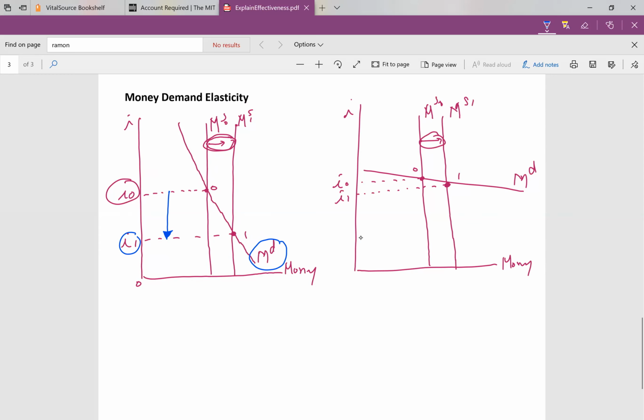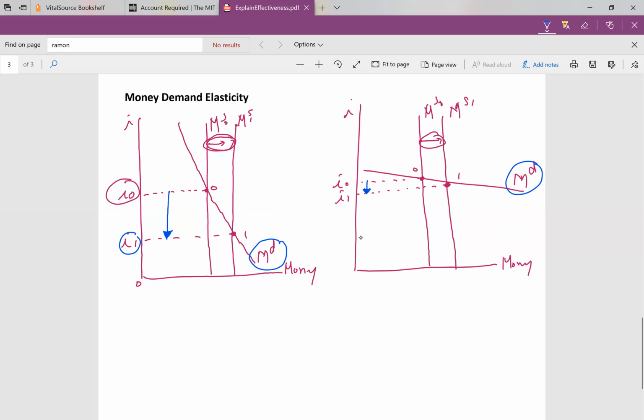When the money demand is elastic like I have here, the drop in the interest rate is that much. So what can I see here?